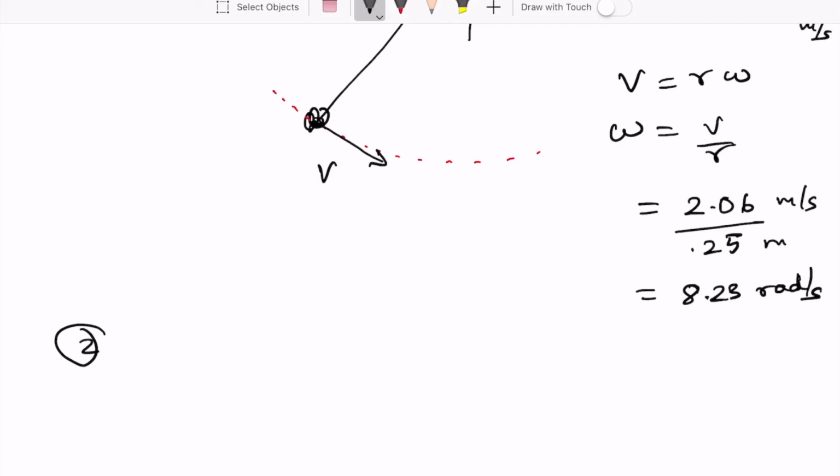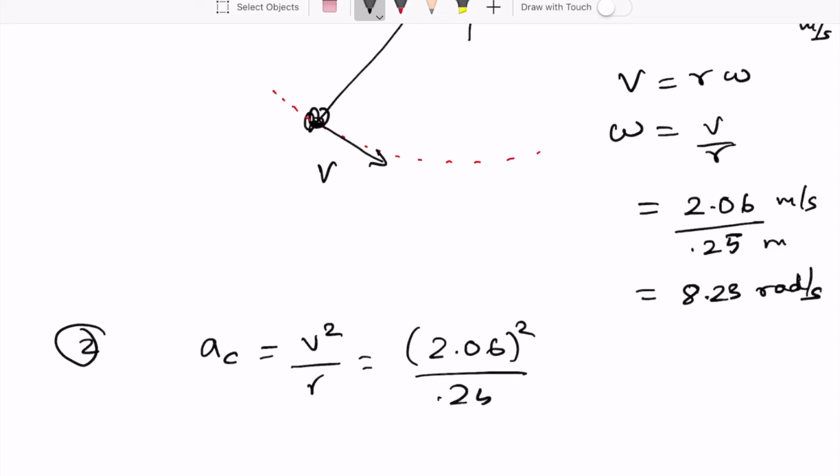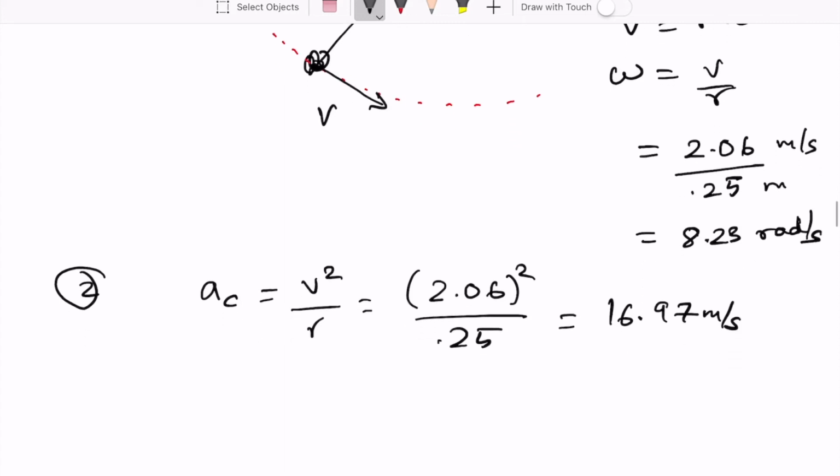So the centripetal acceleration AC is just V squared divided by R. So V is 2.06 squared divided by R, which is 0.25, and if you work that out, you should get 16.97 meters per second squared. I'm just copying the answer that I already have on the slide. If we were in class, I'd have you double check the answer, but please do it and make sure that you get this answer.